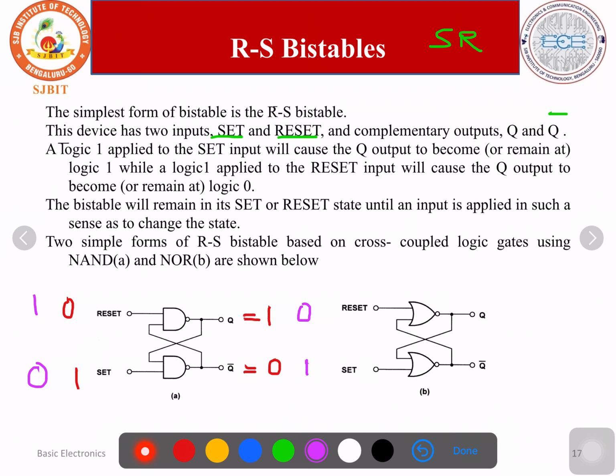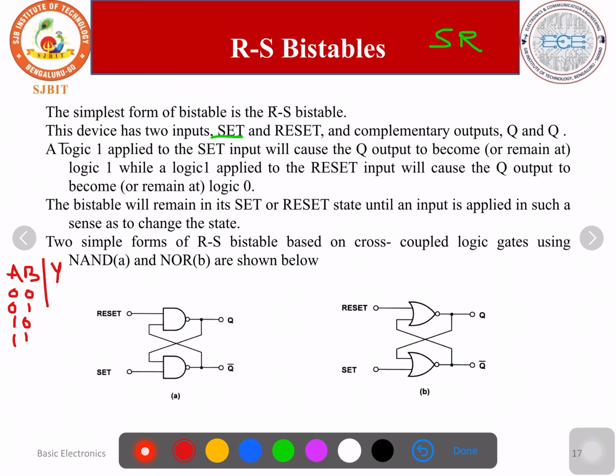So this RS bistable can be constructed using either NOR gates or NAND gates. So let us discuss the NAND gate RS bistable. Before going to the analysis, let us recall the NAND gate truth table. If you remember, we had two inputs A, B and one output, let us say Y. So we had four combinations: 0 0, 0 1, 1 0 and 1 1.